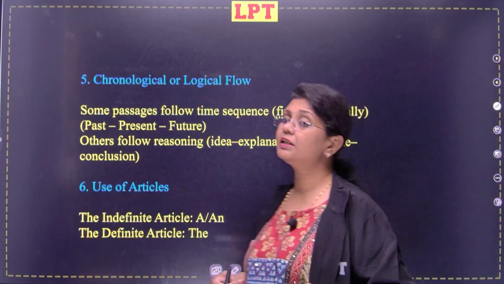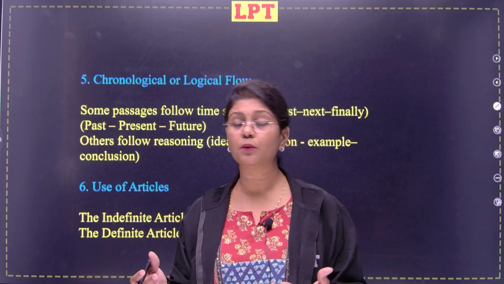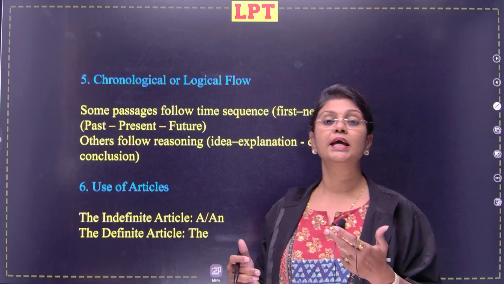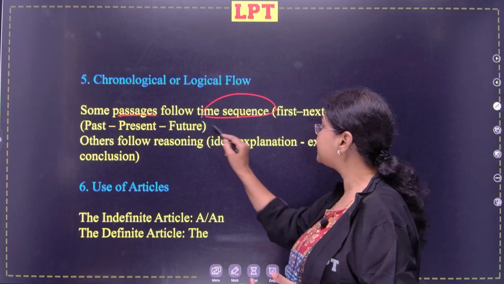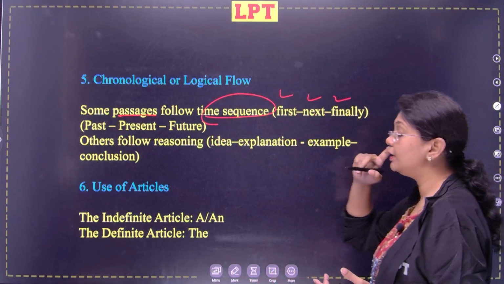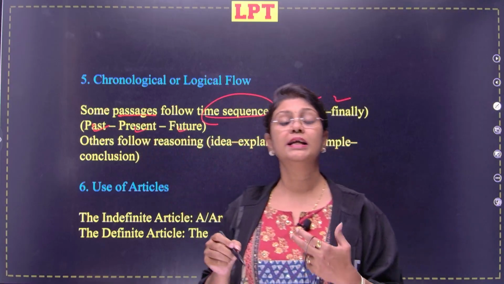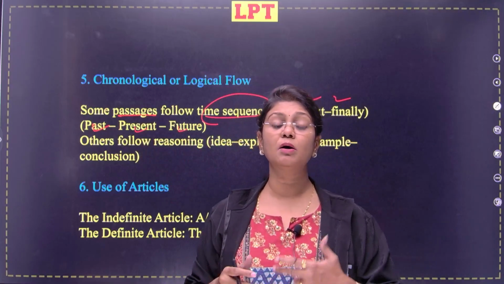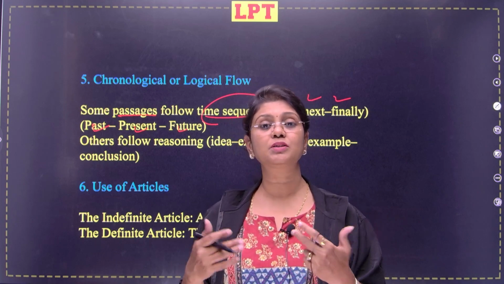Now, chronological or the logical flow. Chronology is in the sense of time sequence. So what I tell students is, in some of your questions, some passages follow time sequence. So first, next and finally, or you precisely say past, present and future. So let's say there is a sentence which talks about the 18th century and there is a sentence which talks about the year 2025.